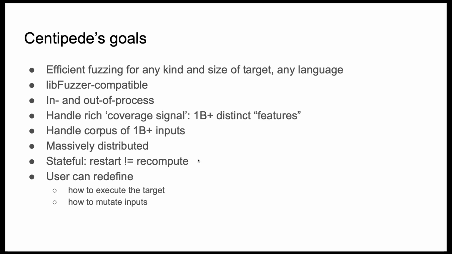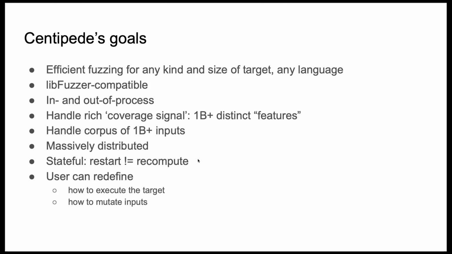In order to do all of this computation, the engine has to be massively distributed. Threads on a single machine are not enough anymore. It also has to be stateful, such that if we restart fuzzing of the same target, for example if our job has been evicted from the cloud worker, we remember all of our previous state instead of recomputing.